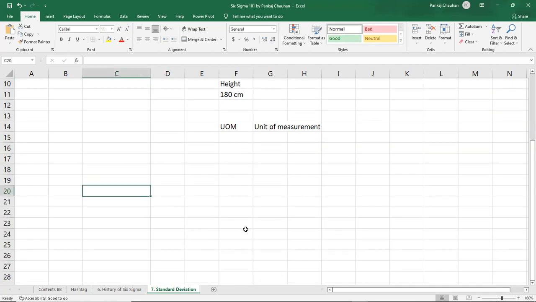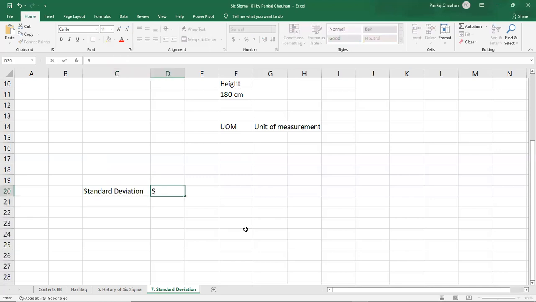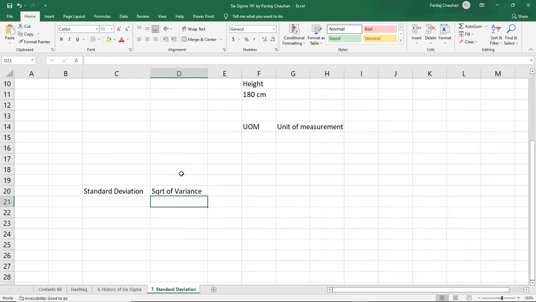Basically, your standard deviation is the square root of variance. Now the question will come, what is the variance?